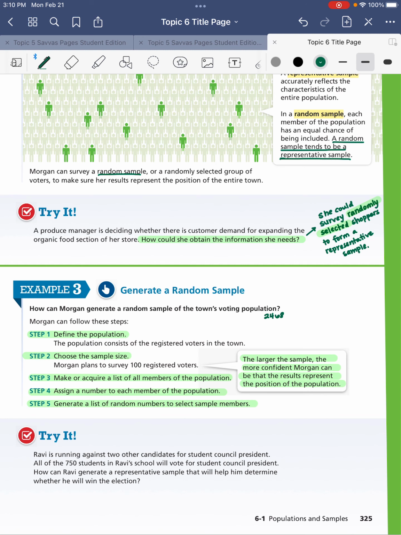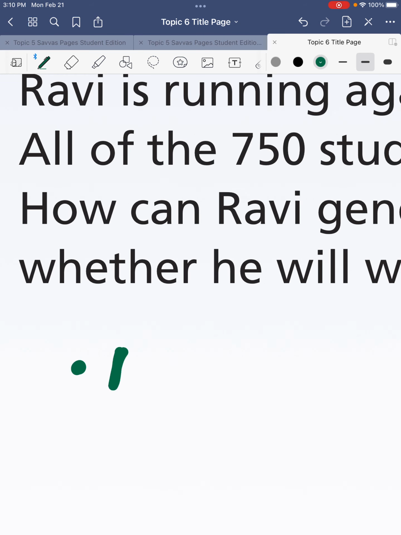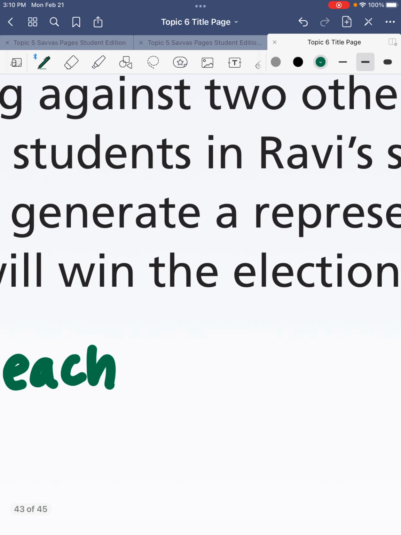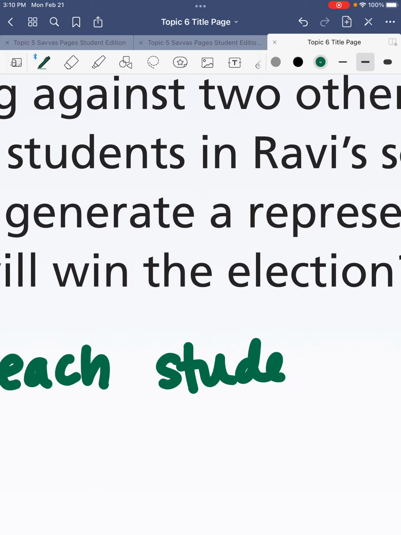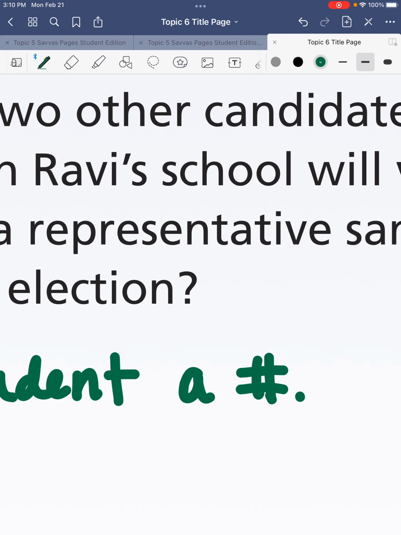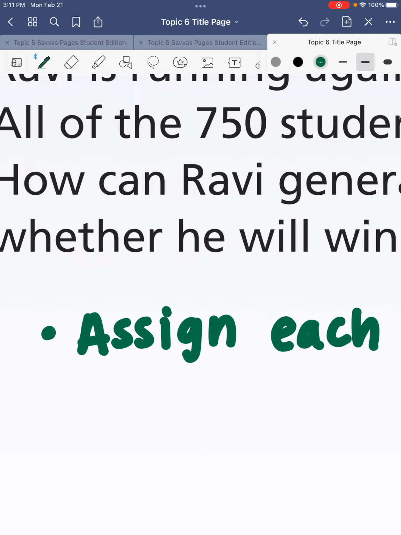So he could assign each student a number. Okay, so he would have numbers 1 through 750, and then he could randomly select numbers until he reaches a desired sample size.